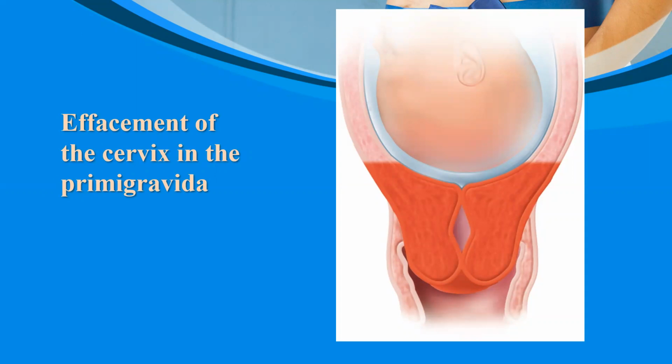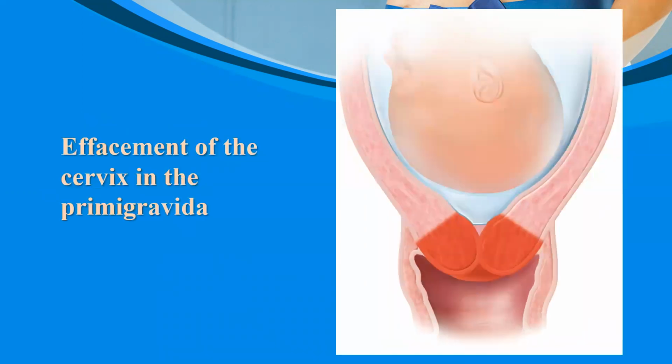A primigravida, which is a first-time pregnancy: at the beginning of labor, there is no cervical effacement or dilation. The fetal head is cushioned by amniotic fluid. Beginning cervical effacement, as the cervix begins to efface, more amniotic fluid collects below the fetal head.